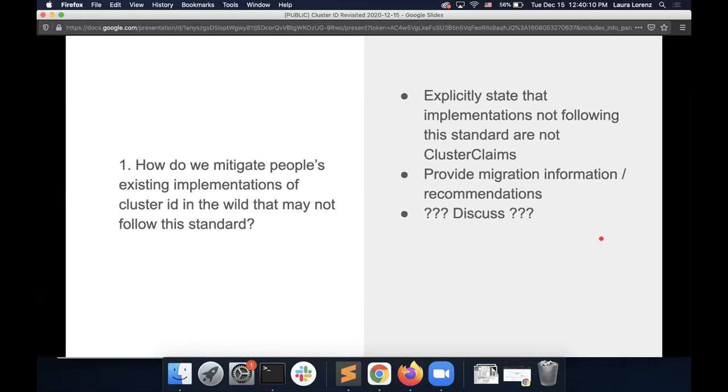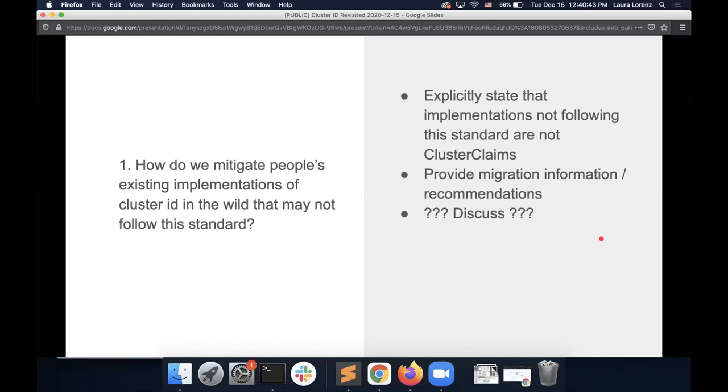And by the same token, I like the idea of saying that anyone who's building on this API has to meet this API to be cluster claim compatible, or whatever name we end up going with. If you don't, then multi-cluster services may not work correctly, that kind of thing. But to make that viable, I think we have to really focus on coming up with that bare minimum useful API.